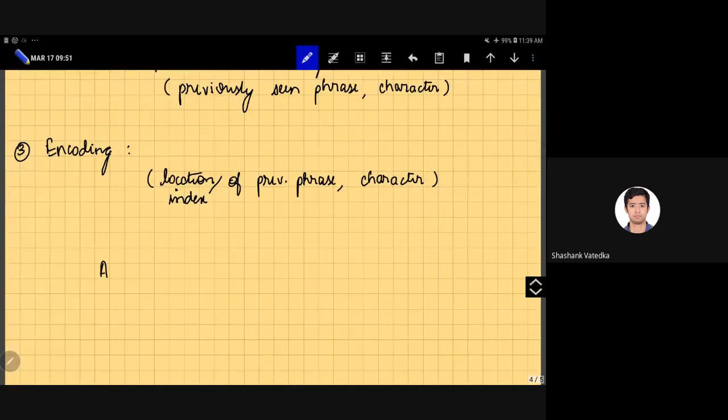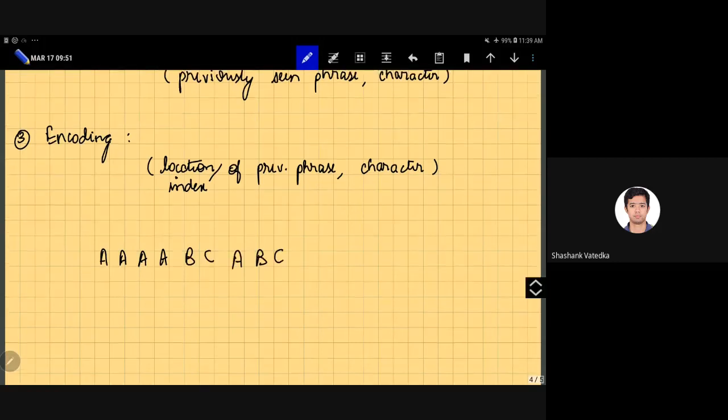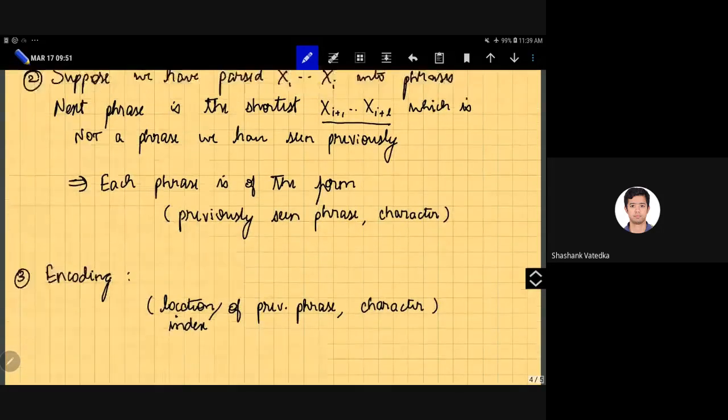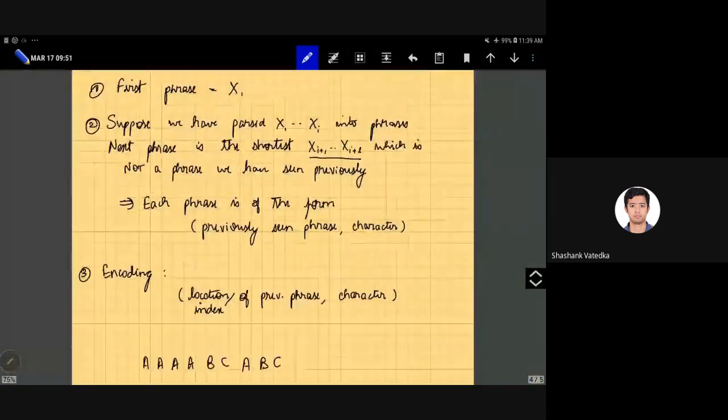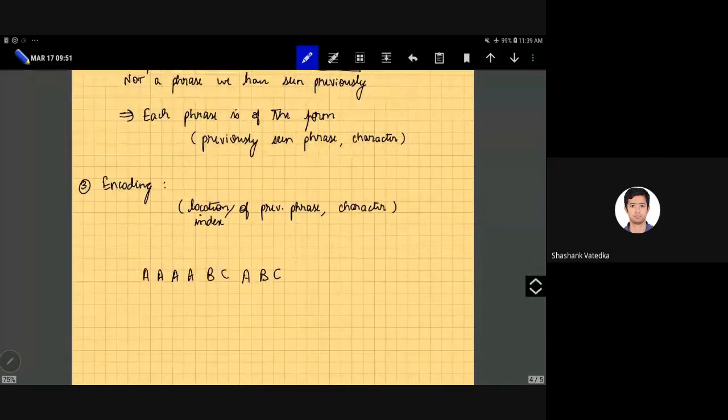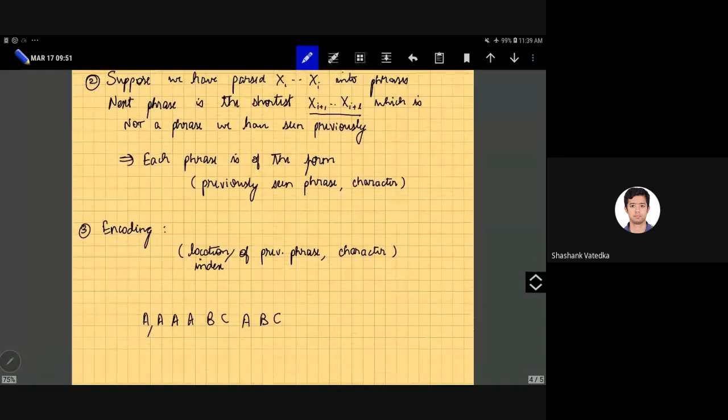Take the previous example, A, B, C, ABC. Now recall what the algorithm tells you. The first phrase is x1, so it is this. What is the second phrase? It is the shortest subsequence which is not a previously seen phrase, or the longest matching phrase followed by the next character.